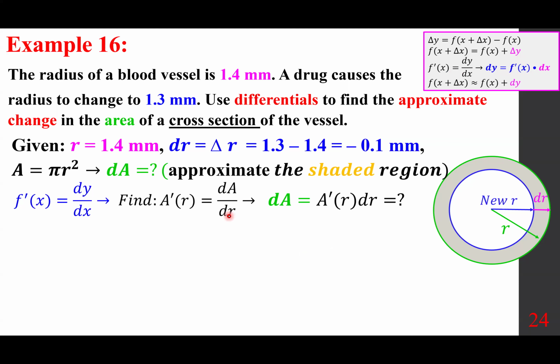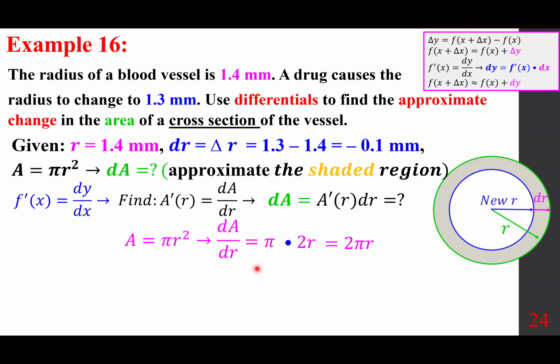And since A is pi r squared, dA dr would be pi, which doesn't change because it's a number. Now, the derivative of r squared with respect to r is simply 2r, so 2 pi r. So that's dA dr.